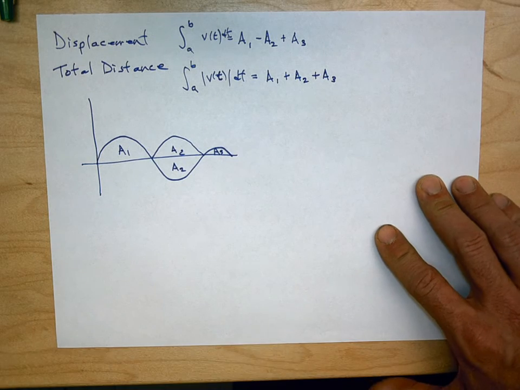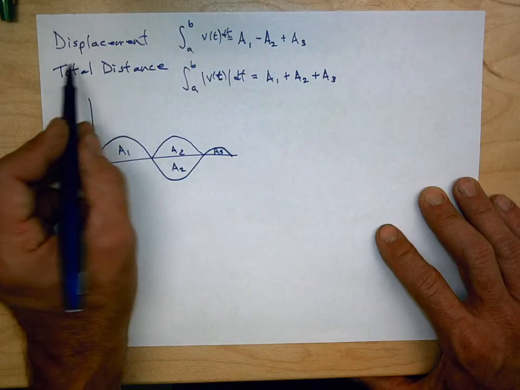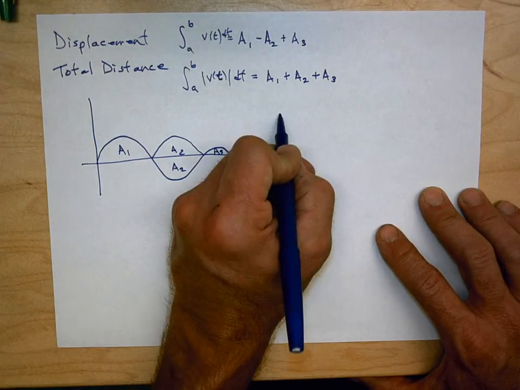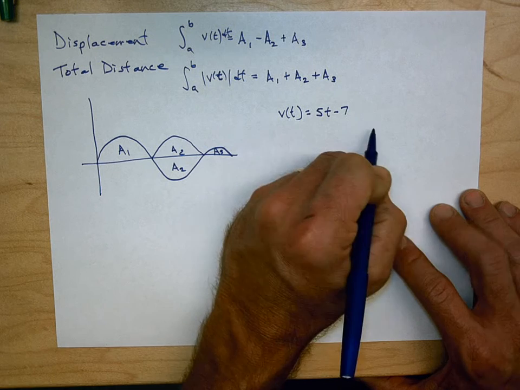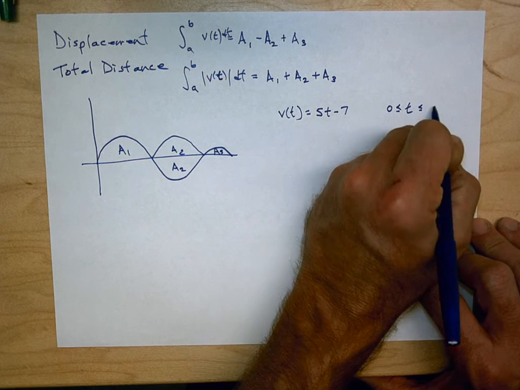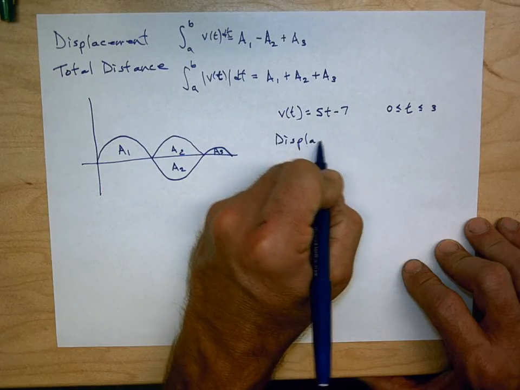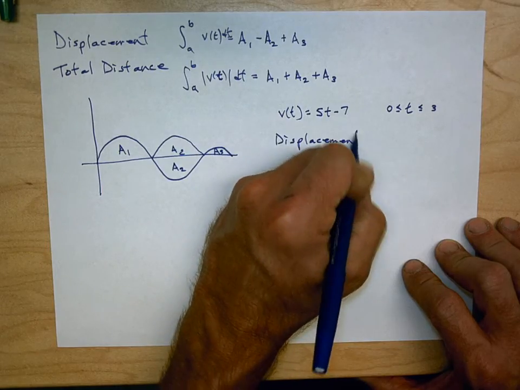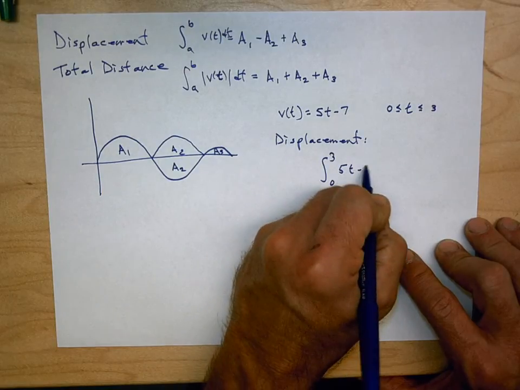All right. So let's just do one example of a problem that asks for both displacement and distance. Let's say our velocity function is 5t minus 7, and we're looking for time between 0 and 3. Displacement is actually pretty straightforward, because you simply take the integral from 0 to 3 of 5t minus 7.